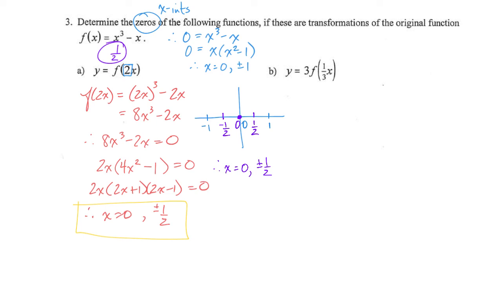So, although we may have a tendency to want to use algebra most of the time, and we may be a little more nervous about constructing pictures, our graphs or sketches, I think the sketch is actually the easiest way to go about doing that, especially if I'm pretty quick to be able to find the x-intercepts or zeros of my original function.